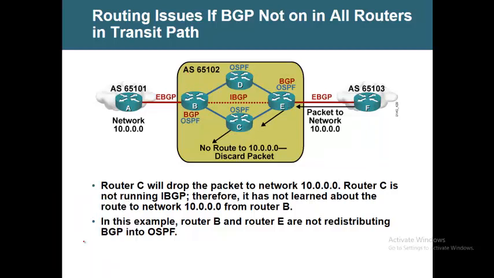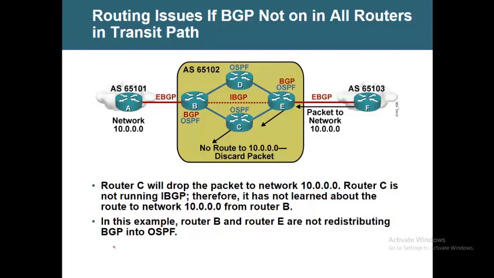Now you are getting a reason why I should run BGP here and here, so that the BGP updates will also come and update the routing table here. As it is updating in E, it will also get updated in C and D. That's the idea.